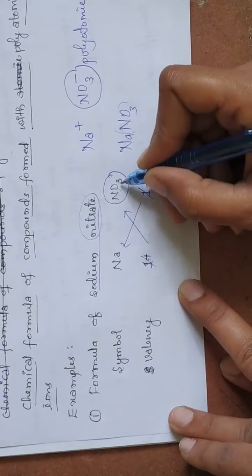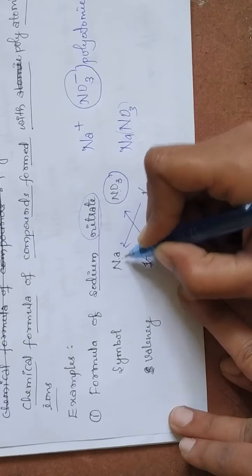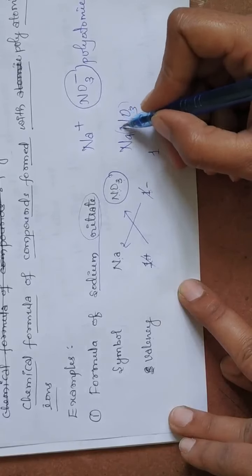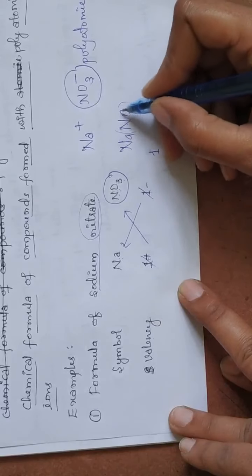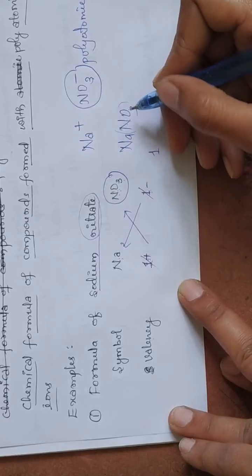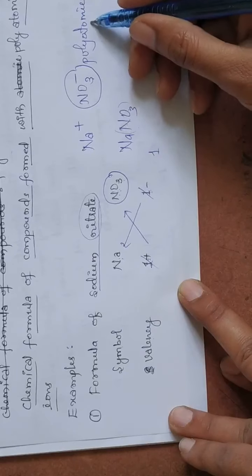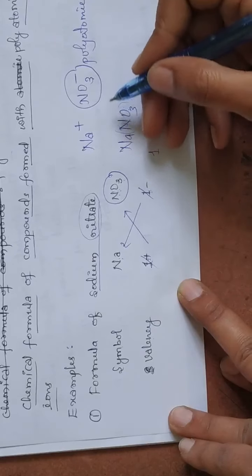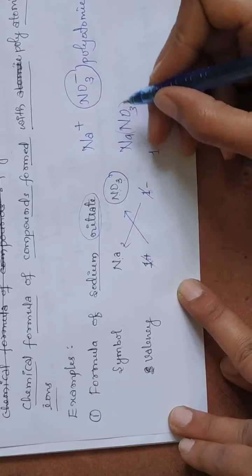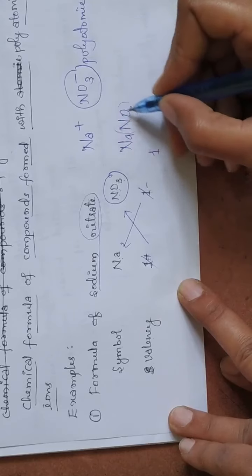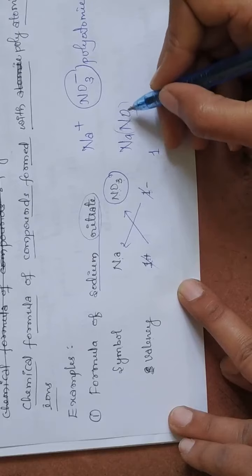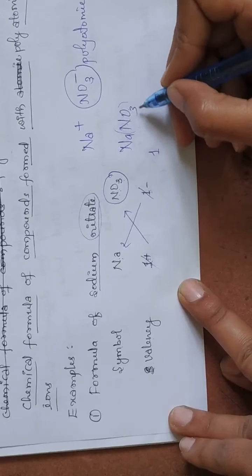Only one nitrate ion is combining with the sodium. So no need of writing the nitrate ion inside the bracket. If the number of combining polyatomic ions is greater than 1, we have to put that polyatomic ion inside the bracket and mention the number of combining polyatomic ions outside the bracket.